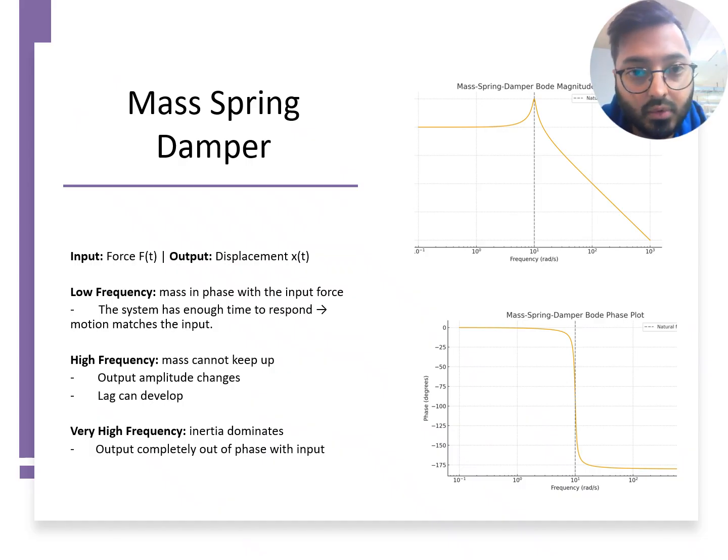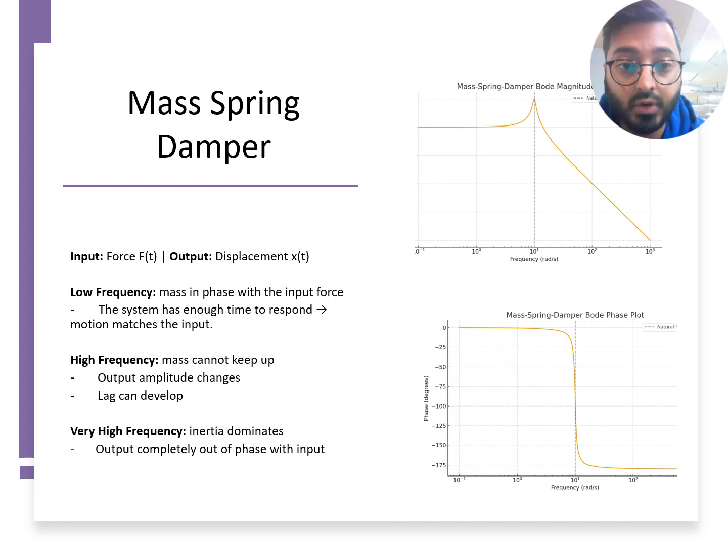For my example, I decided to use a mass spring damper system, with an input force and the output being the mass motion, going back and forth, up and down, or left and right. Basically, at low frequencies, the mass will have enough time to follow the force, so it would be in phase relative to the input force.